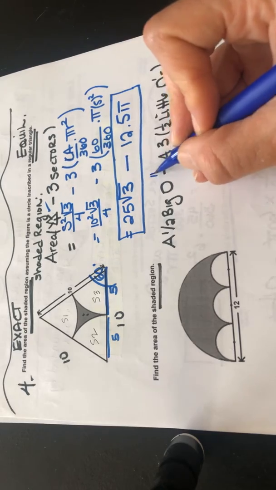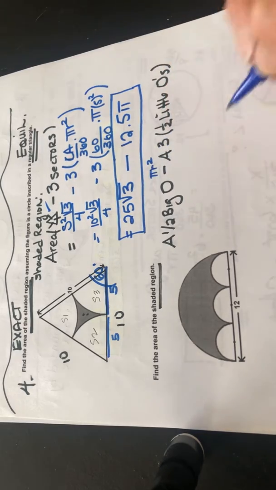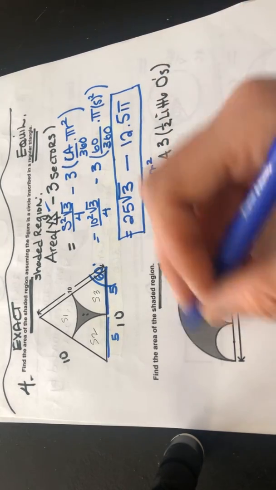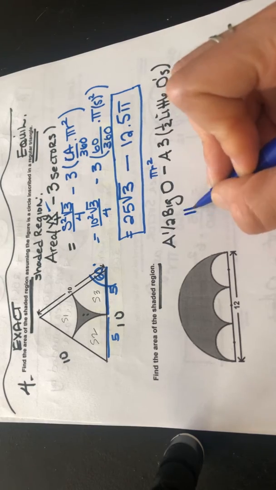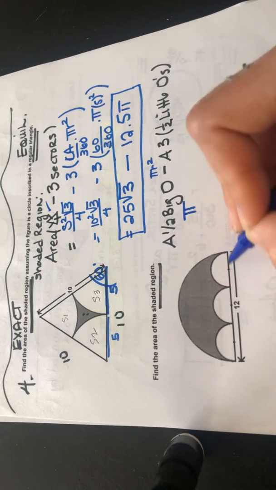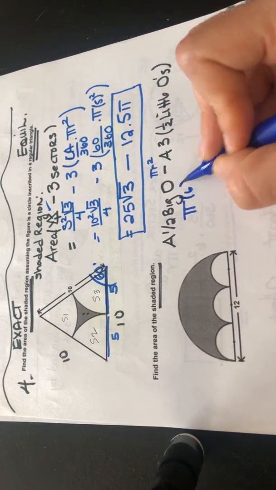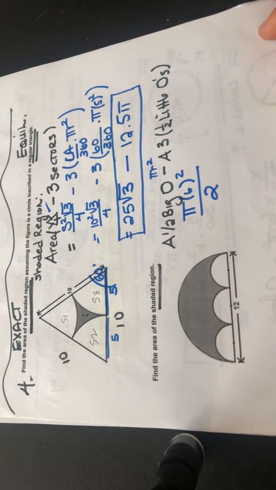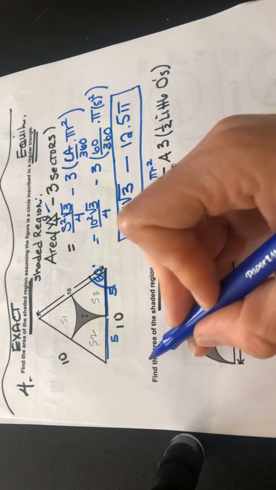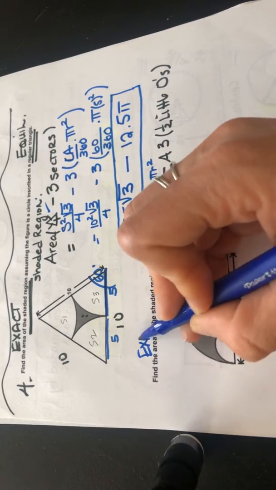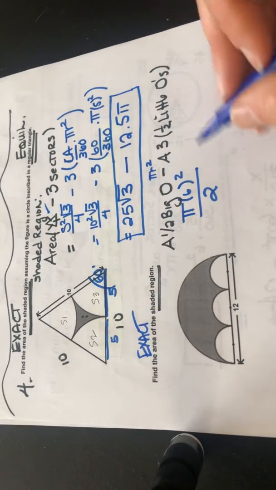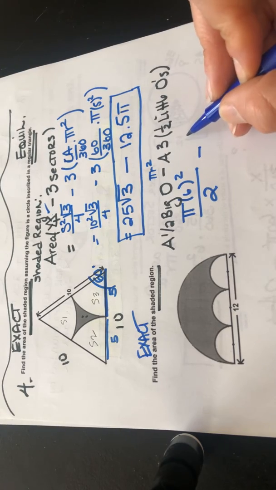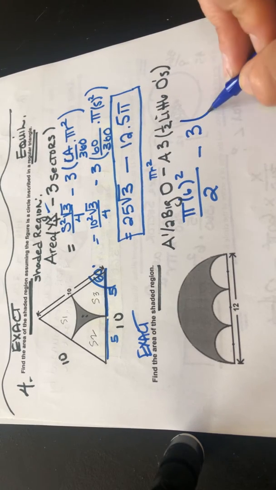All right, so here we go. We all know the area of a circle is pi r squared, so there you go. So area of the big circle, pi, the diameter is 12, radius is 6 squared, all over 2, because again, you want half. Let's, sorry to interrupt, make this the exact. All right, minus. I'm going to trail this 3 on the outside so I don't forget it.